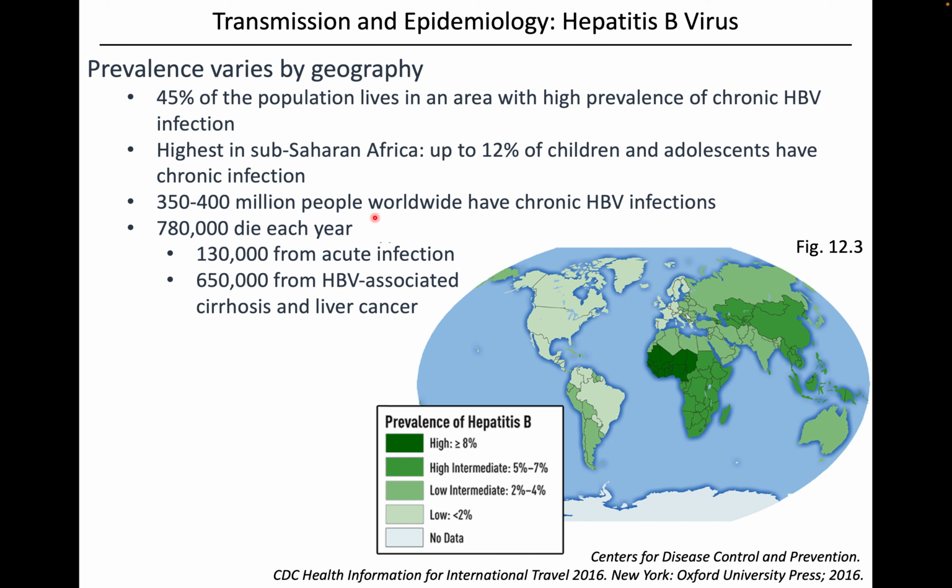And we talked about the large number of chronic cases, but that's also leading to a large number of deaths every year. Some of those from the hepatitis induced by the infection, cirrhosis and liver failure, and as I mentioned earlier, liver cancer being induced by these chronic infections as well.